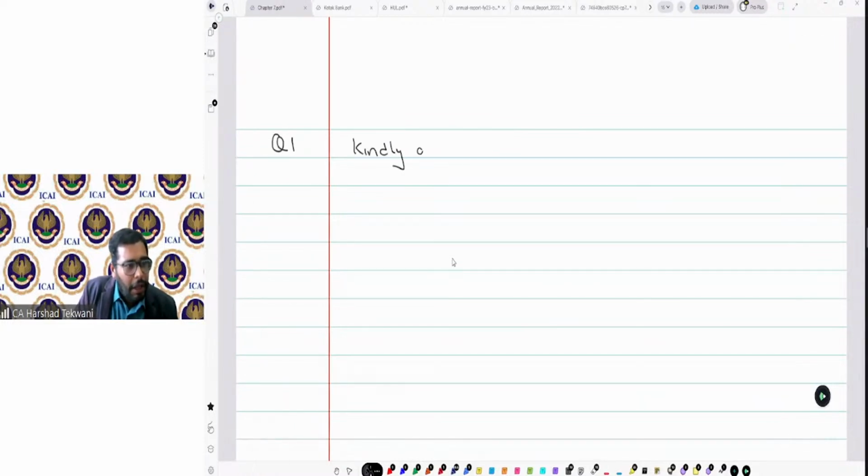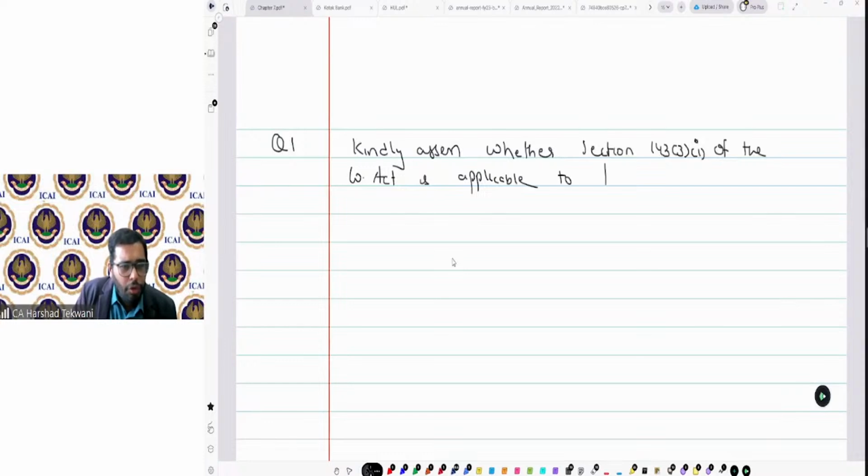Kindly assess whether section 143(3)(i) of the Companies Act is applicable to the following companies.